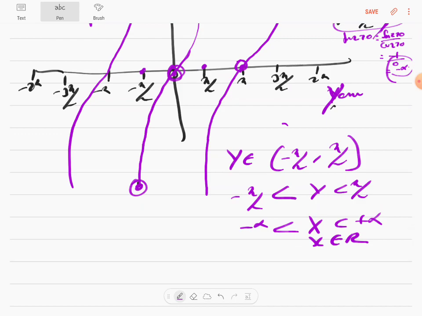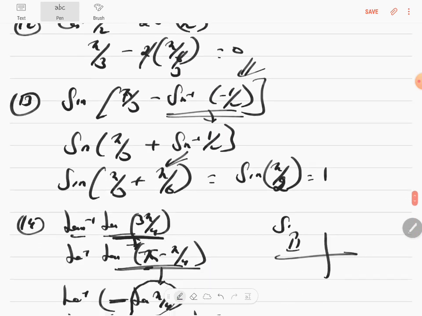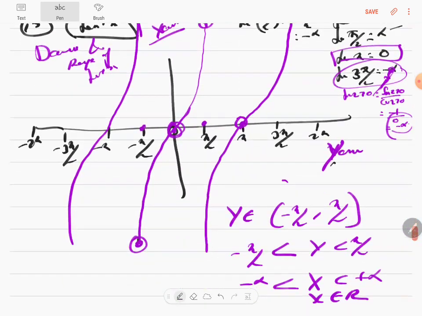I hope you understood. So next question, 16. So that's about the domain and range of a tan inverse graph.